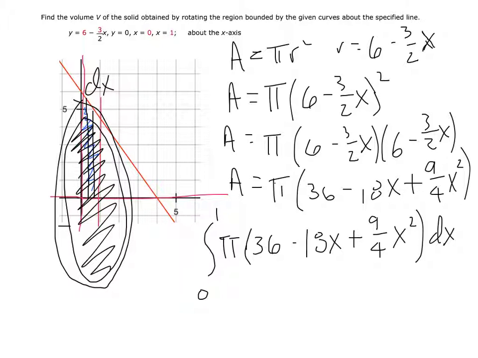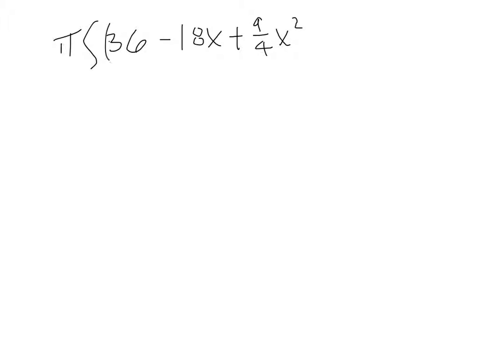And we can pull that pi out front, so we'll have pi times that integral, 36 minus 18x plus 9/4 x squared dx.